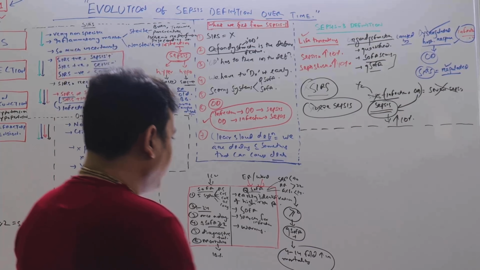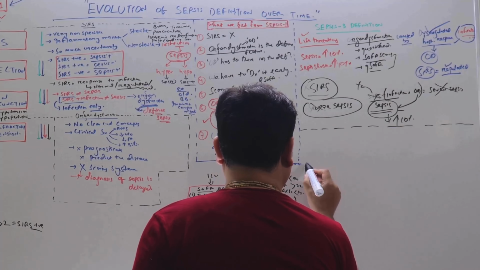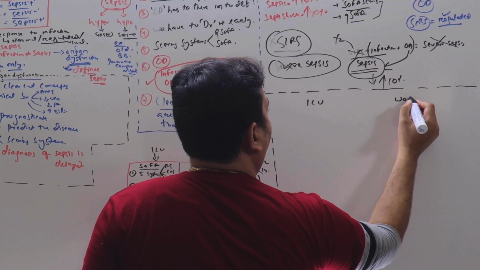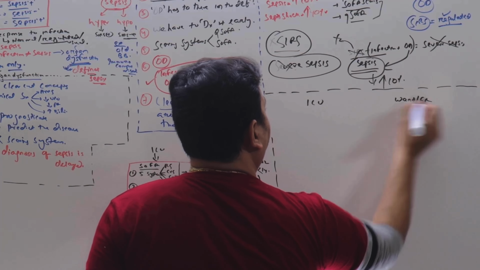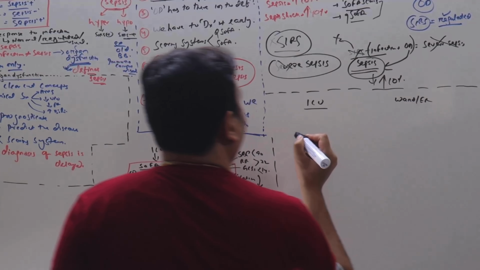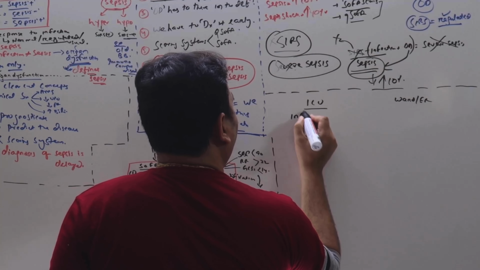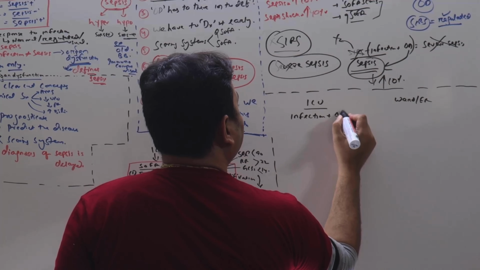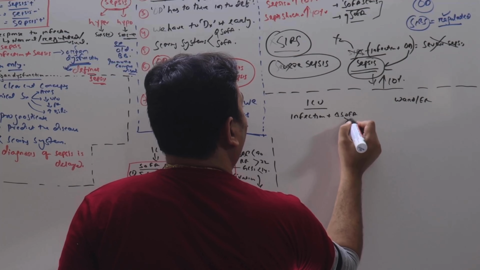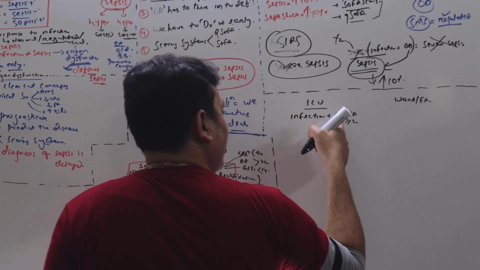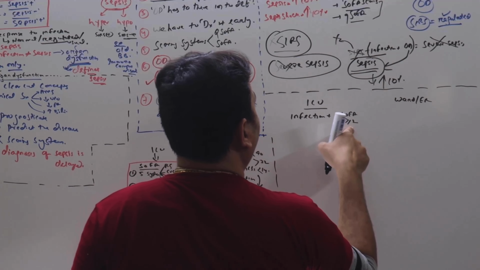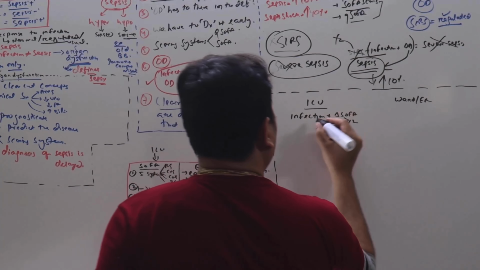Right? So now we can just have an algorithm. The patient is in the ICU, ward or ER. In the ICU, the patient has an infection plus delta SOFA greater than or equal to 2. SOFA can come first and then you find infection, or first you find infection and then you find SOFA of 2 or more. Either is possible.